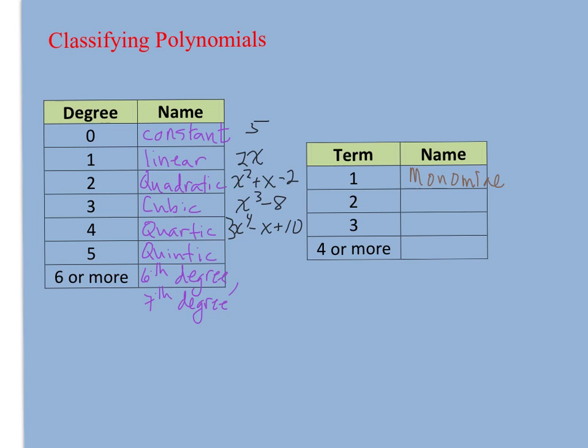If it's got 2 terms, it's a binomial. Bi meaning 2, nomial meaning terms. 3 terms, it is a trinomial. And 4 or more terms, we just call it a polynomial.